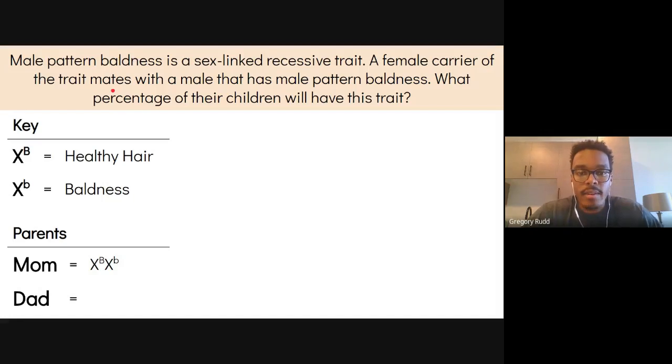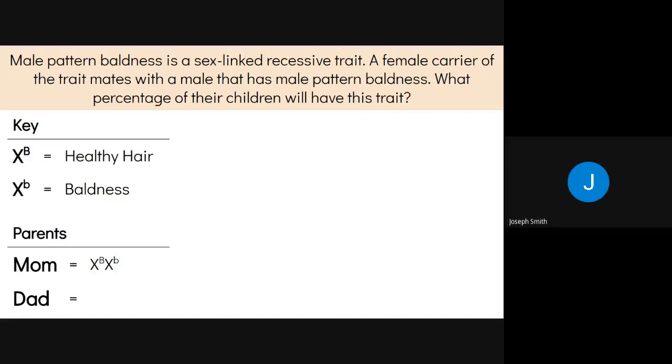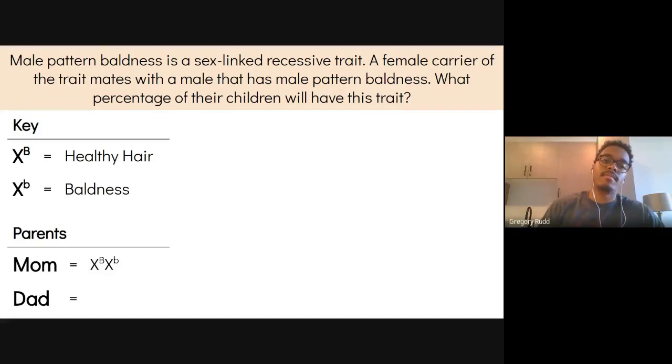What about dad? What is his genotype? It's recessive, so wouldn't it be X with a recessive B and Y by itself? Excellent. Good job.